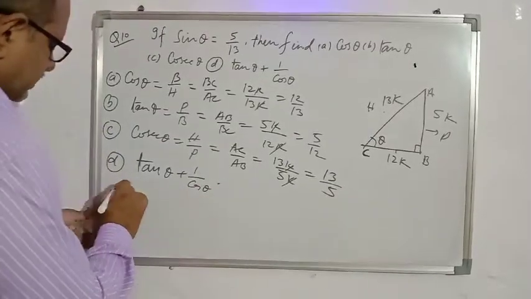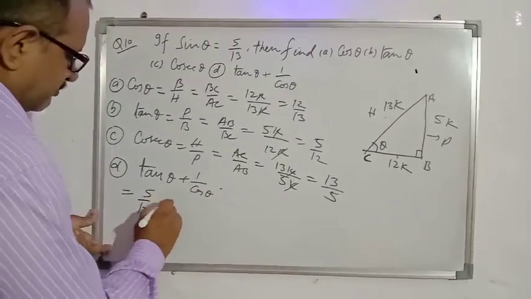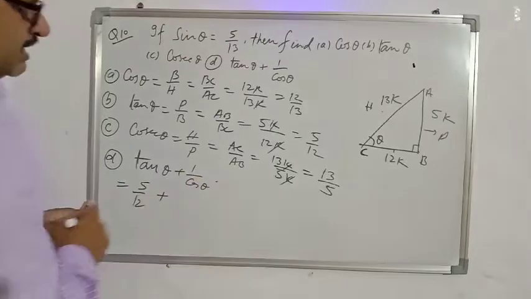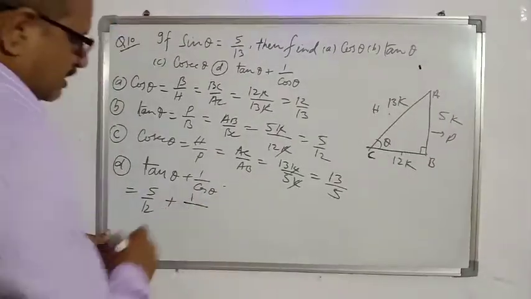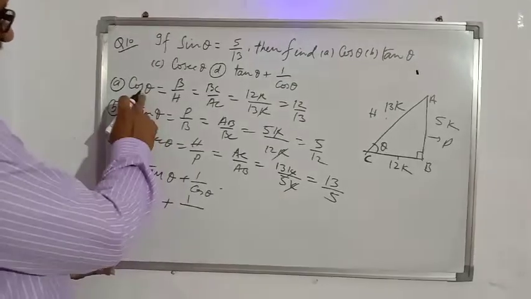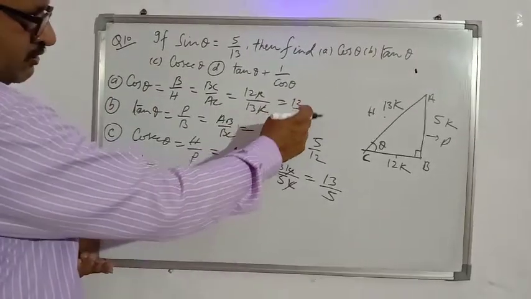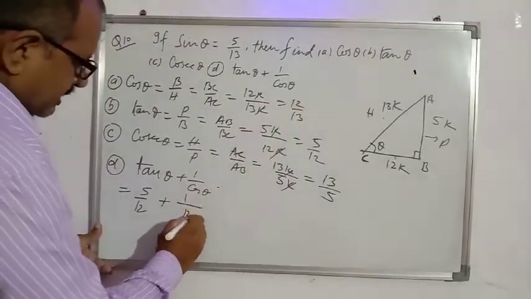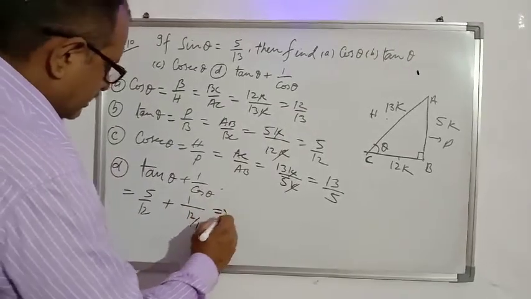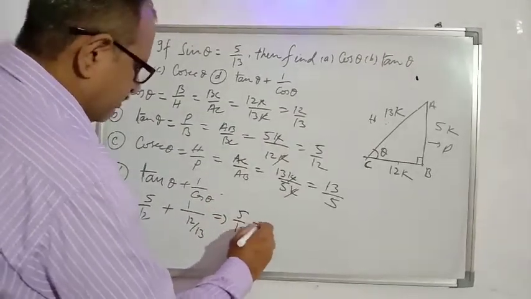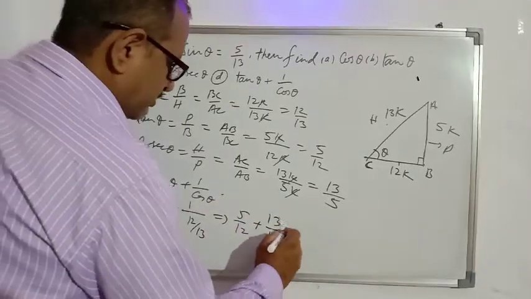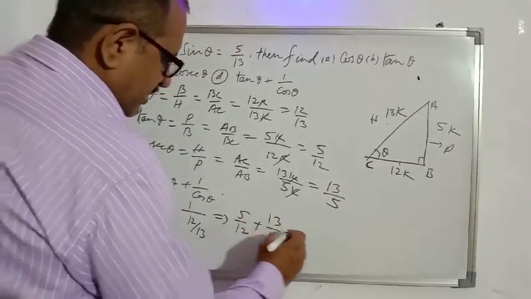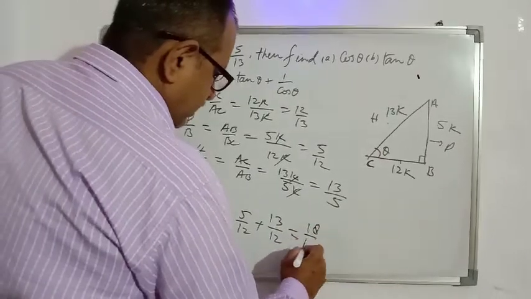So tan theta is 5 by 12 plus 1 by cos theta. 1 upon, and cos theta we have calculated here, 12 by 13. So write 12 by 13. It will be 5 by 12 plus, 13 will go upside, 13 by 12. So 13 plus 5, 18 by 12.